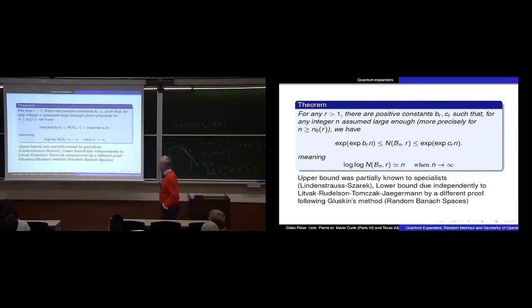And the theorem that I've proved, I was sort of led to prove this because I wanted to prove the analog for operator spaces, the matricial analog of this. And when I did this, I realized that no one had bothered about the Banach space case.